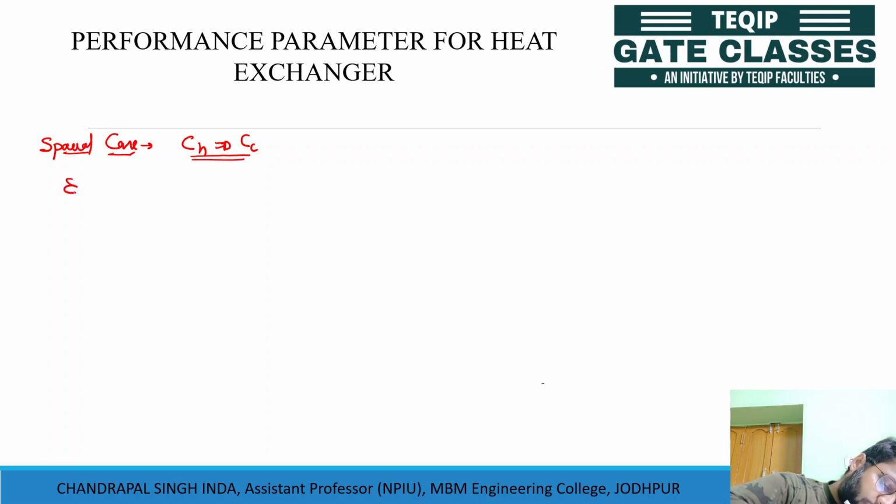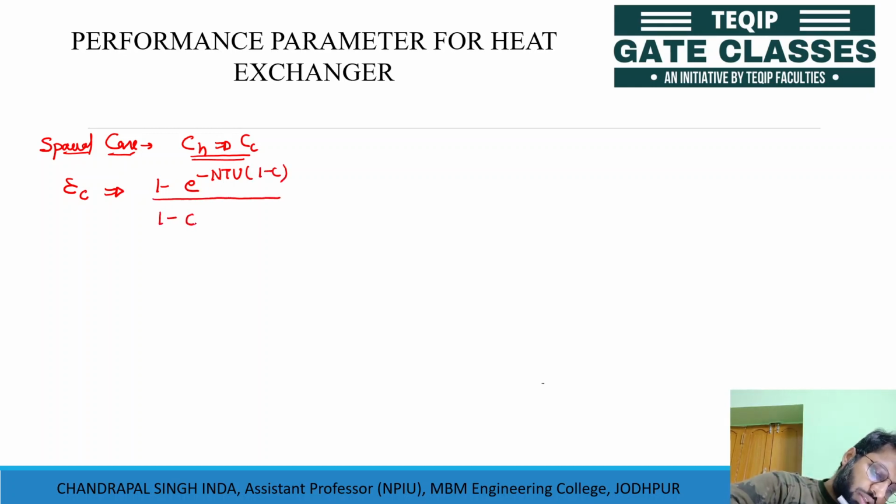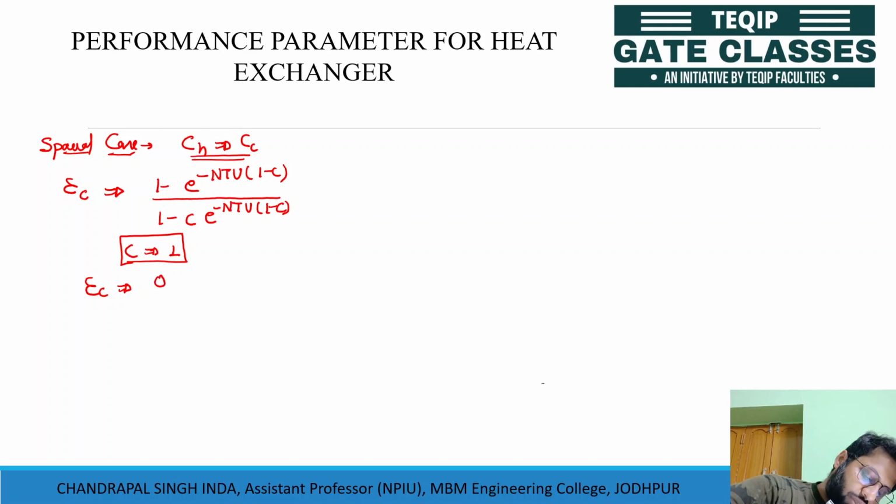In that case, the effectiveness of the counterflow heat exchanger is equal to 1 minus e to the power minus NTU (1 minus C) divided by 1 minus C e to the power minus NTU (1 minus C). So if we put C equal to 1, then the effectiveness of the counterflow heat exchanger will be 0 by 0, which is indeterminate.